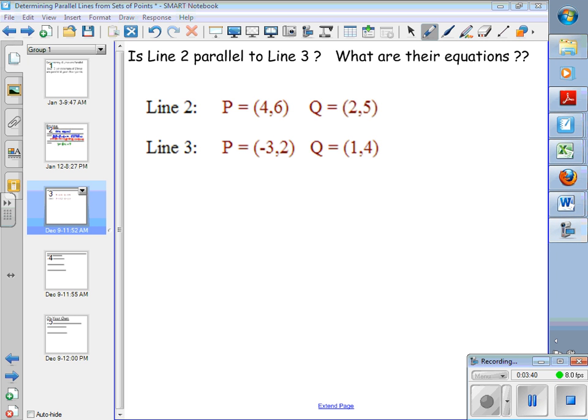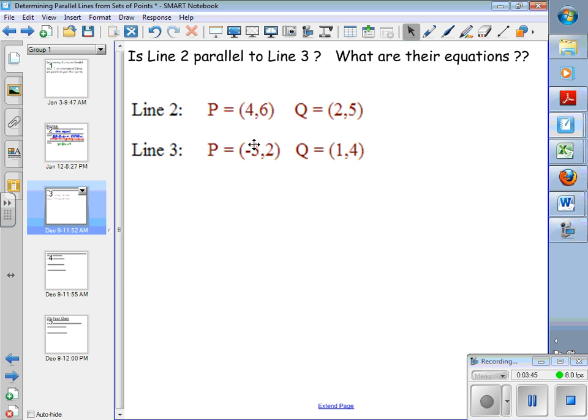Now we just have to find the slope of the two lines. We'll do it over here. So we take our 5 minus 4. No, sorry, I'm looking at the wrong points. I'm mixing up my two lines. Okay, so 6 minus 5 and 4 minus 2, and I get 1 over 2.